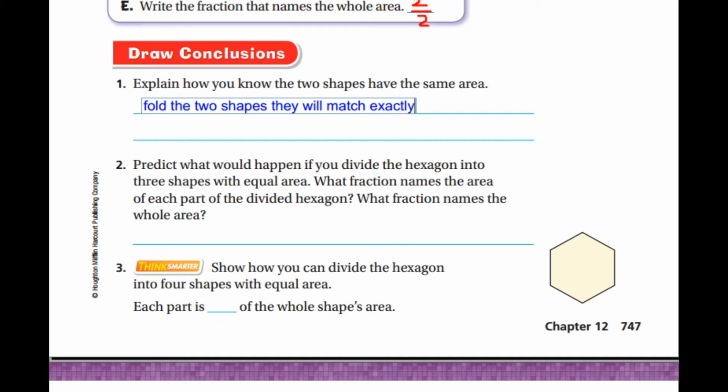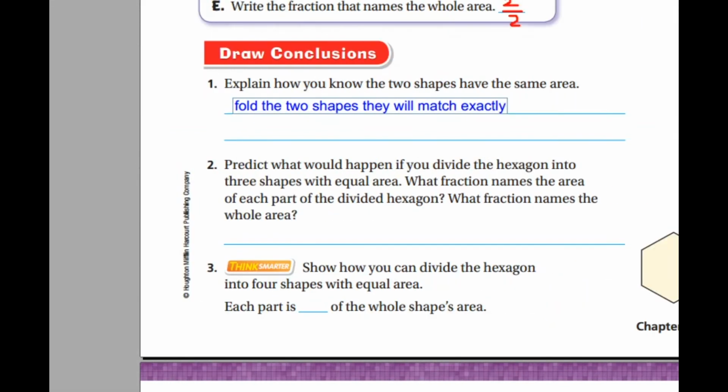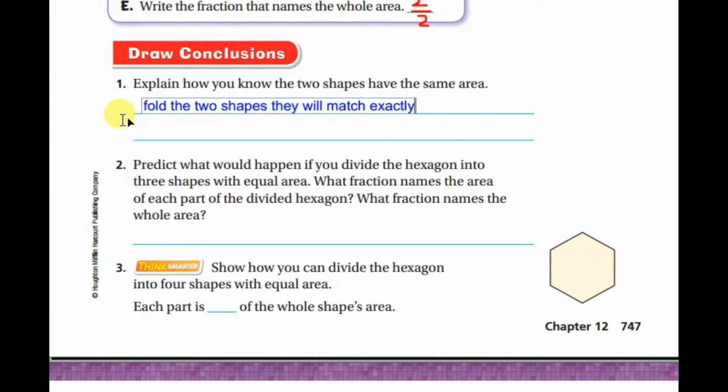So again, if I divide it into three equal areas, this means each part will be one colored part over how many parts in all? In all, I divided it into three. And what is the whole area?